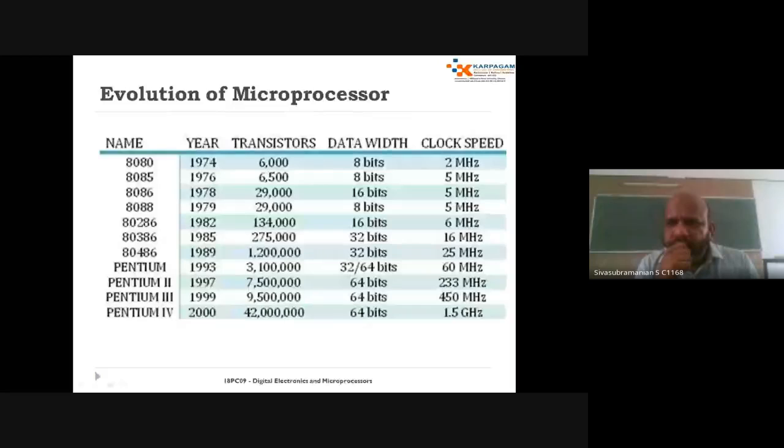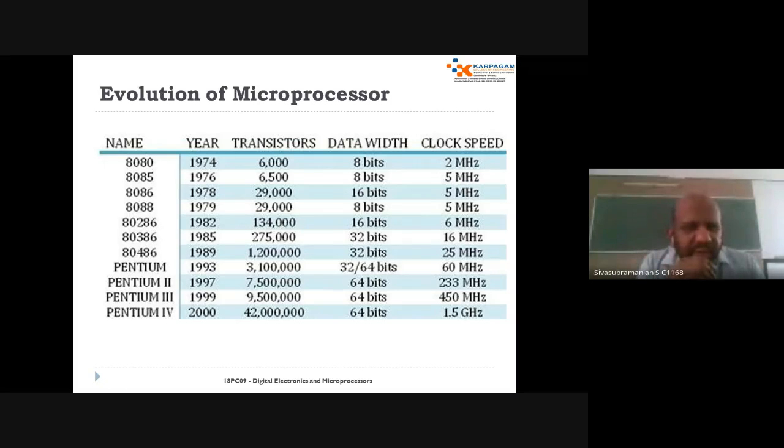Okay. So I suppose now both the classes are able to see both the screens, right? Okay, I can view from here. Good. Sorry for the inconvenience, the discontinuity.